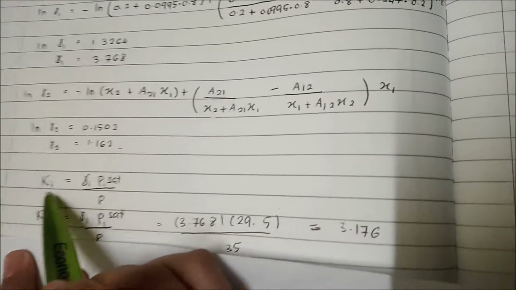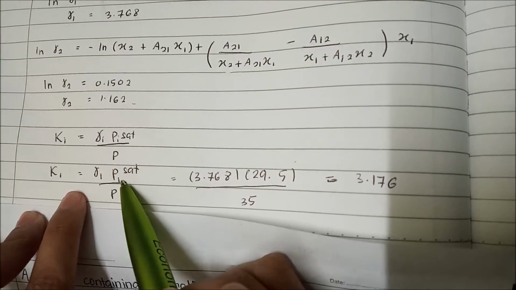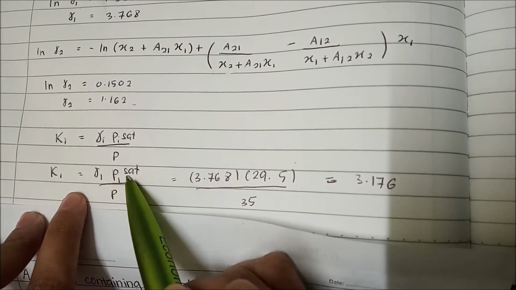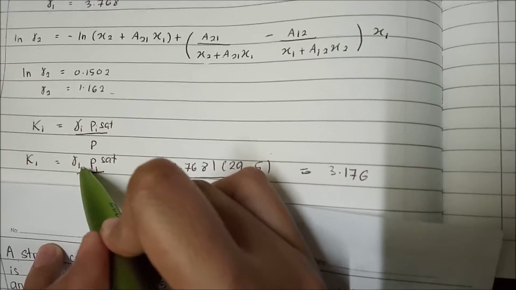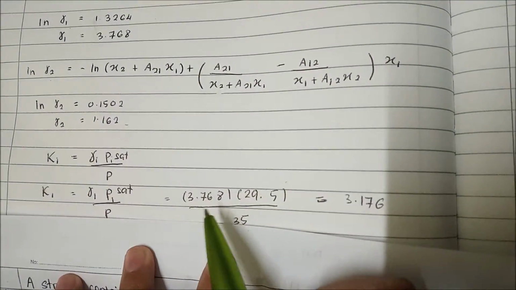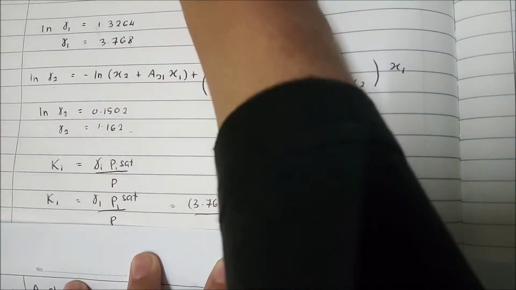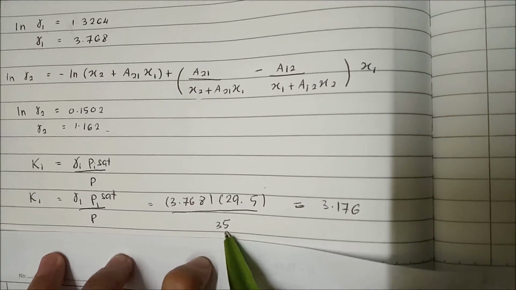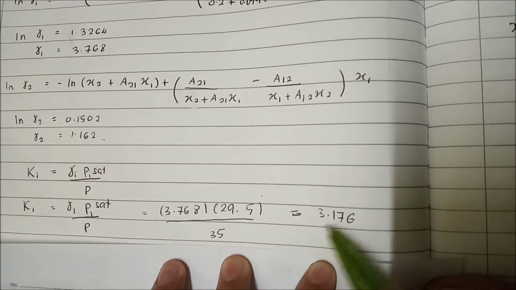So the K ratio for component 1 is equal to gamma 1 times the vapor pressure for component 1 divided by the total pressure. Here, our activity coefficient for component 1 is 3.768. Substituting the values, our P1 saturated is 29.5 from here, divided by our total pressure of 35, and we get our K ratio for component 1 as 3.176.